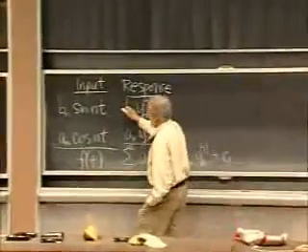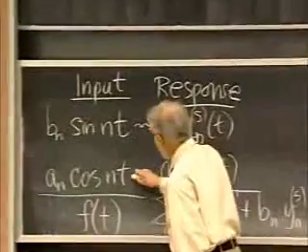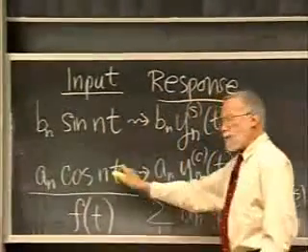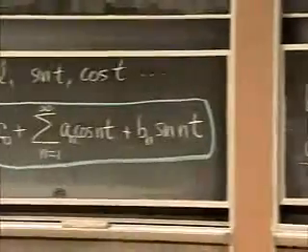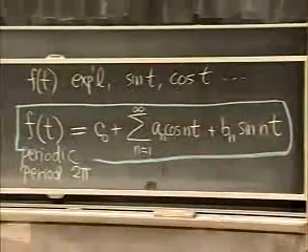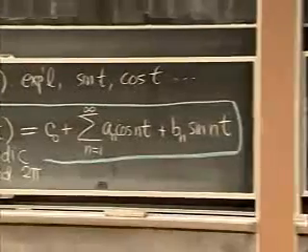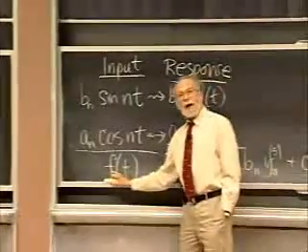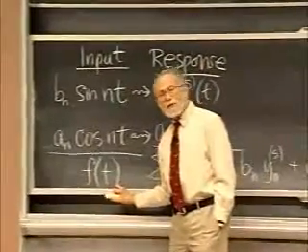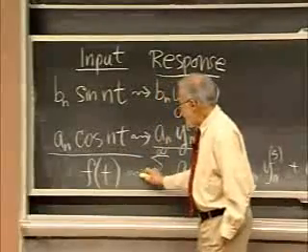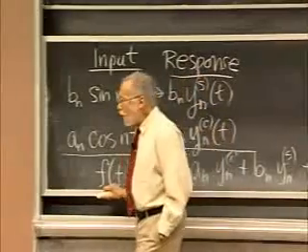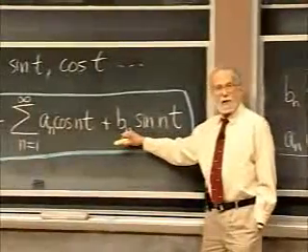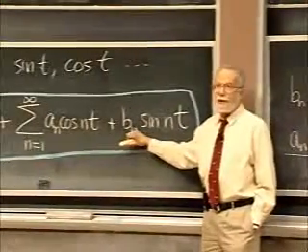So in other words, if this input produces that response, and these are things which we can calculate, we're led by this formula, Fourier's formula, to the response to things which otherwise we would not have been able to calculate, namely any periodic function of period 2 pi. The procedure will be: you've got a periodic function of period 2 pi, find its Fourier series, and I'll show you how to do that today.